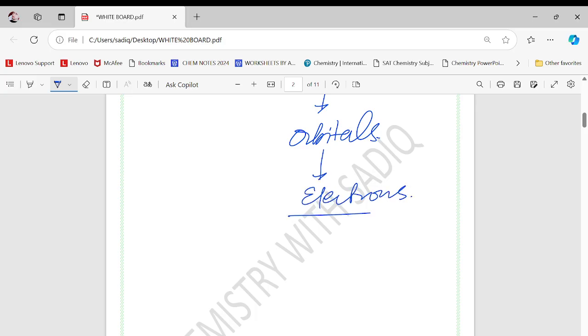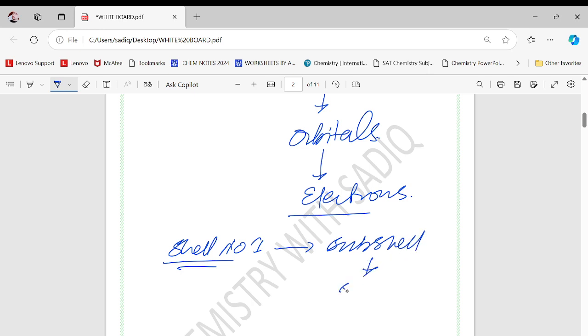So we are focusing on the GPS system of electrons. For example, if I'm talking about shell number 1, it has only one kind of subshell.